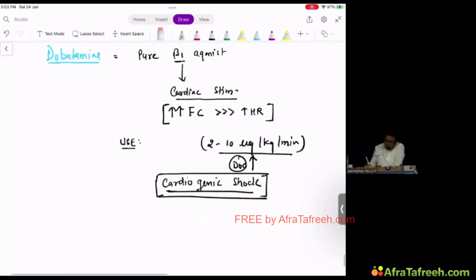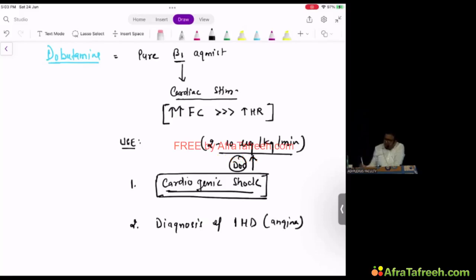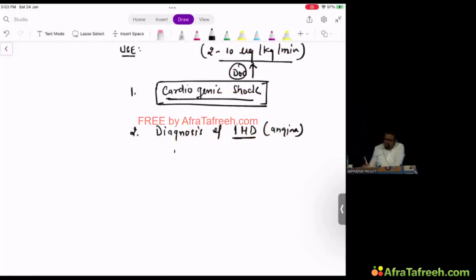Second, it can be used for diagnosis, not treatment, diagnosis of ischemic heart disease like angina. Ischemic heart disease, you all know, coronary heart disease. What is that called? That is called dobutamine stress echo.